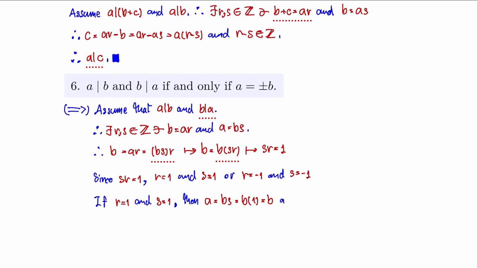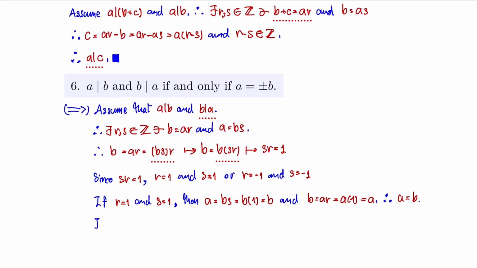And B equals AR. What happens when R is 1? We have A times 1, so B equals A. So from this case, if R and S are 1, A equals B.